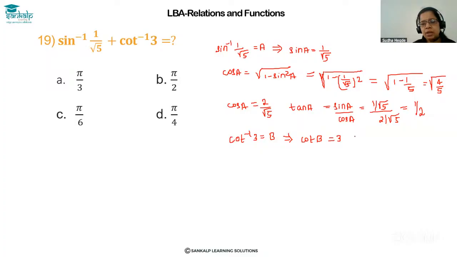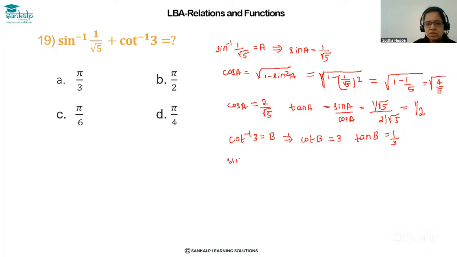Correct? Now from this, can you find tan B? Tan B is equal to 1 by cot B, isn't it? So tan B is equal to 1 by 3. Are you getting? Okay. Now take the given expression.